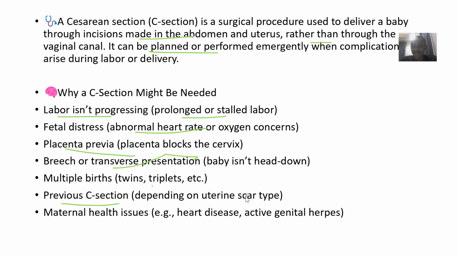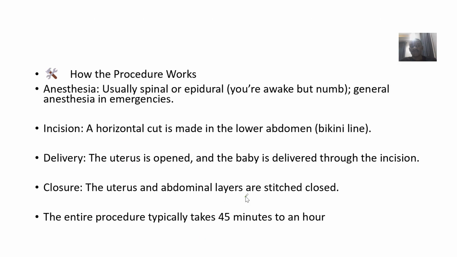So how does the procedure work? First, anesthesia. You give anesthesia through the spine or epidural. She's awake, but she's numbed. You are doing things in the lower part and she's not aware of it. Incision: a horizontal cut is made in the lower abdomen, at the bikini line.